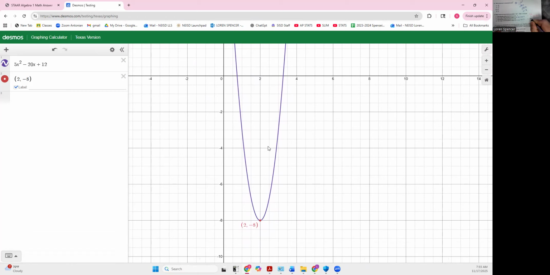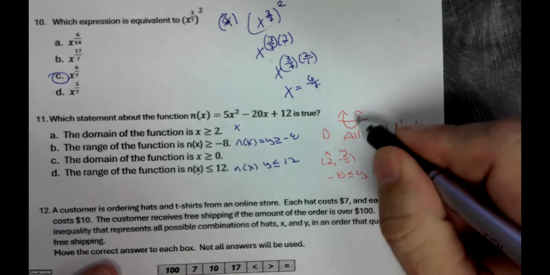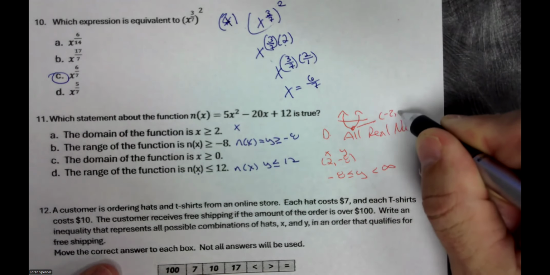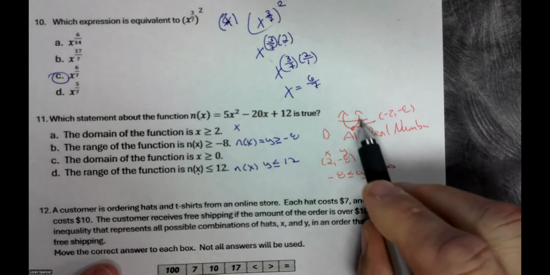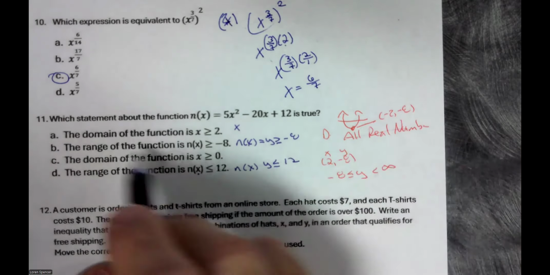Well, range is the y. So -8 is less than or equal to y is less than infinity. And I'm going to stop right there so we can see what we have written down. So this point right there is 2, -8. But the domain keeps getting wider and wider. So the domain's all real numbers.